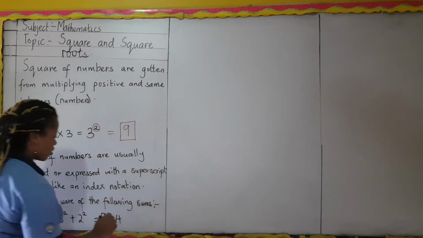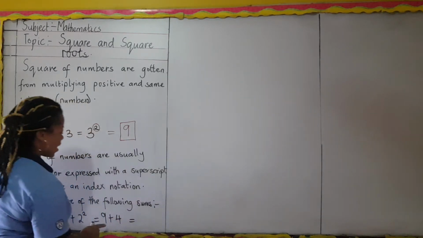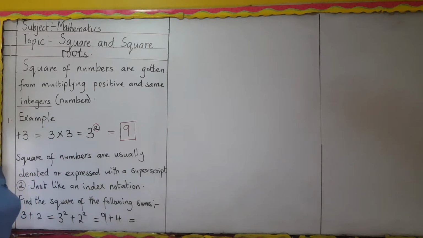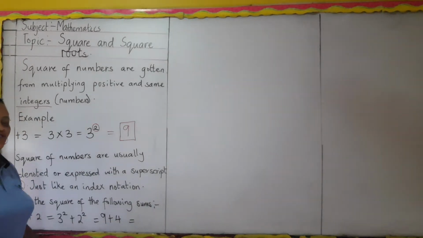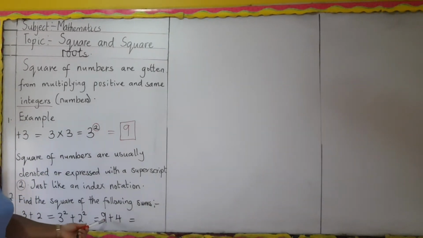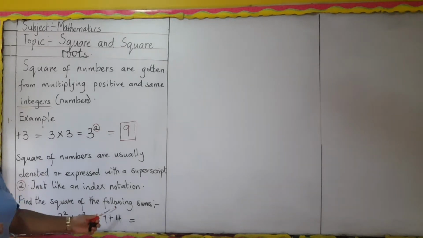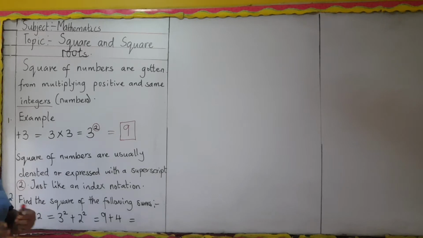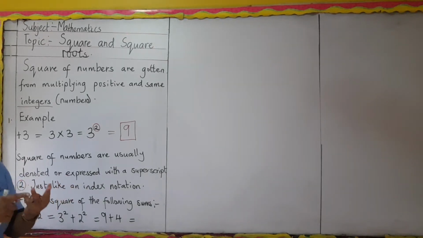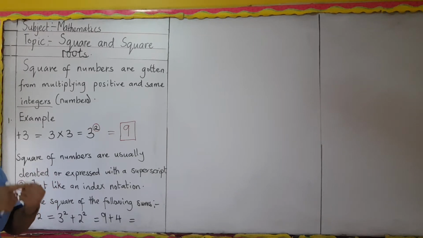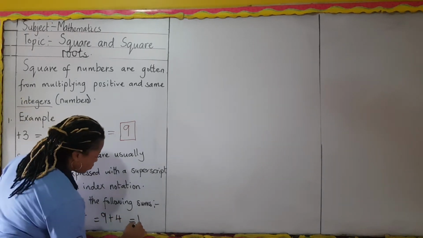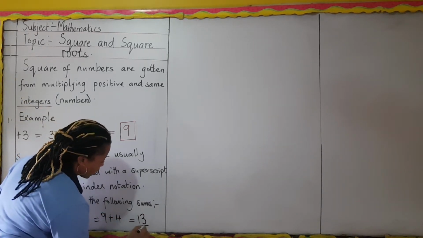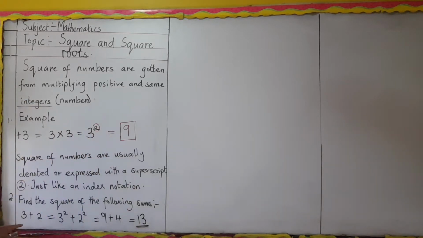So at the end of the day, we are going to have 9 plus 4. Where I taught you how to add, you carry the bigger number in your mind and the smaller number on your fingers. 9 in my mind, 4 on my fingers. So I say 9, 10, 11, 12, 13. Good. Now this is the sum of the square of 3 and 2.